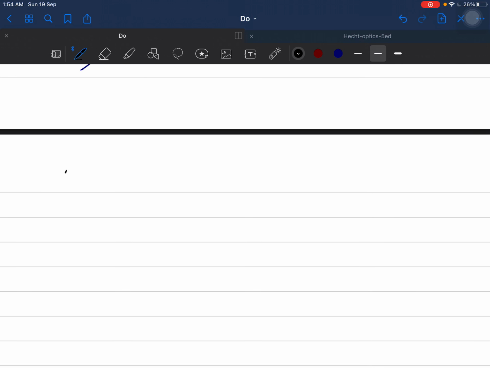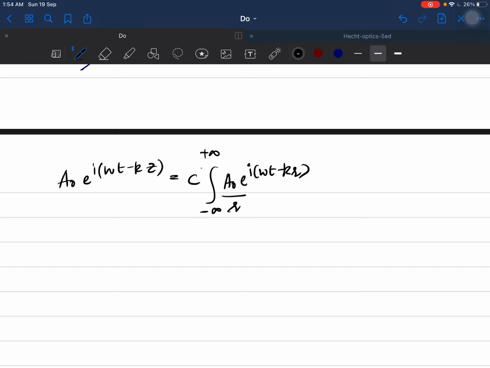Okay, let's solve it. Let's solve it seriously. kz equals C, from minus infinity to plus infinity, A naught by R, e power i of omega t minus kR.